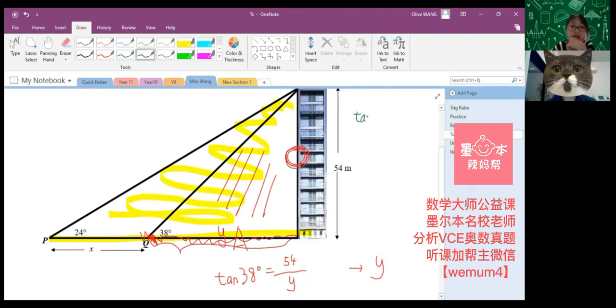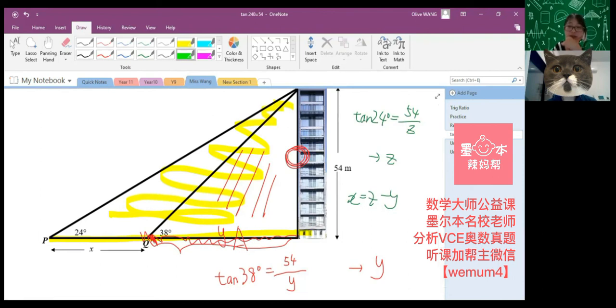So it's tangent 24 equals 54 divided by, let's call this length z. I can find z here. Then x will equal z minus y, because x is the difference between these two. So that's how you solve this question.